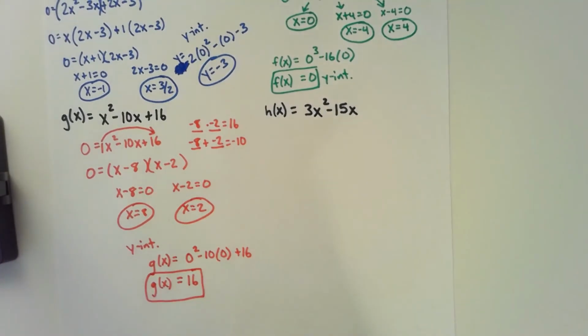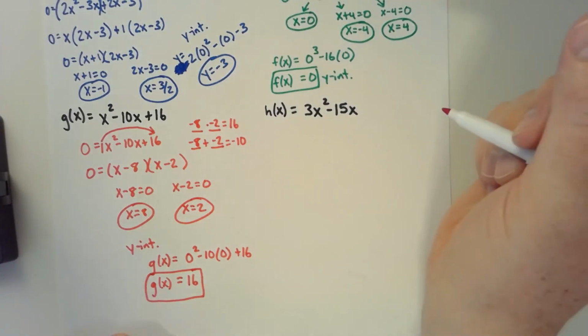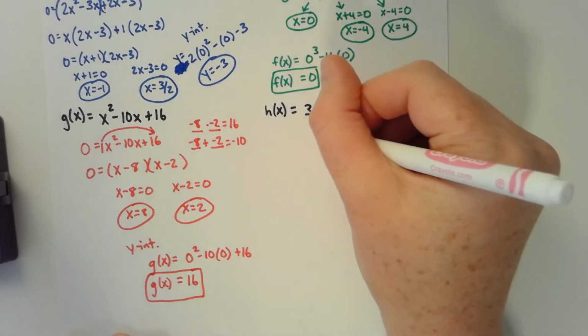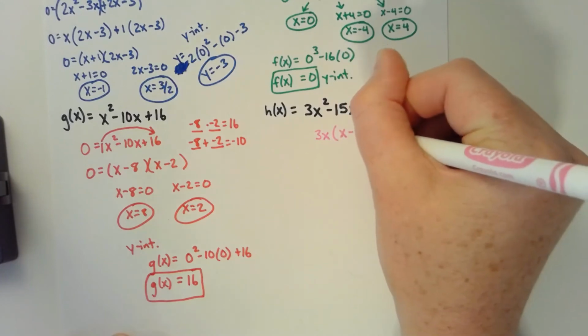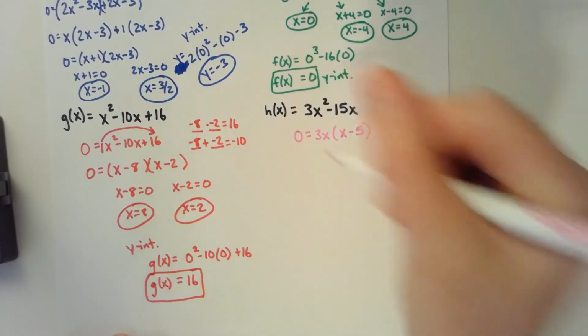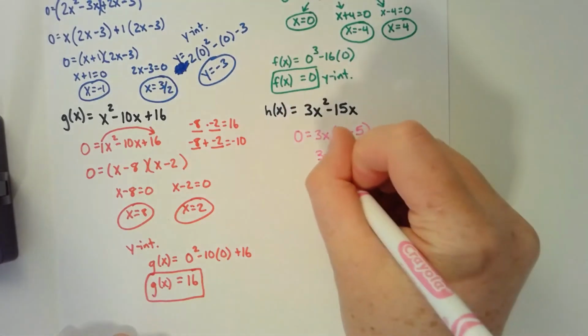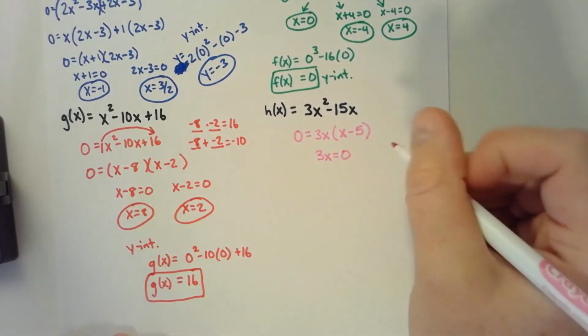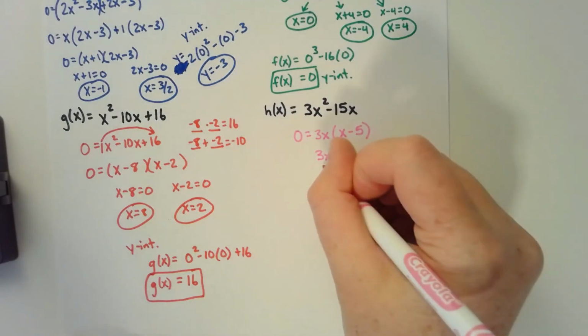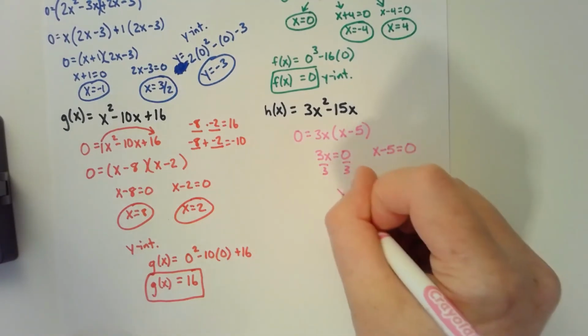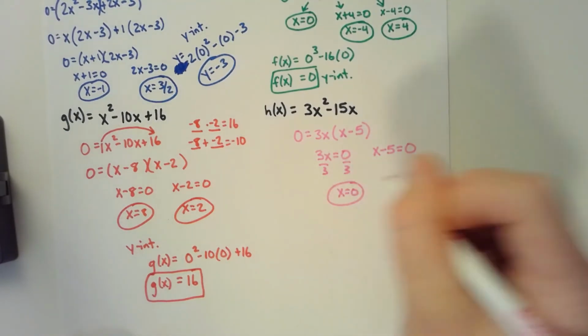And then for h of x, let me grab a different color. We're going to do 3x squared minus 15x. So this one has a greatest common factor of 3x. So if we take that out, we have x minus 5 left over. And then we could set each one of those factors equal to 0. So 3x equals 0 and x minus 5 equals 0. And if we just divide by 3, we still get x equals 0.